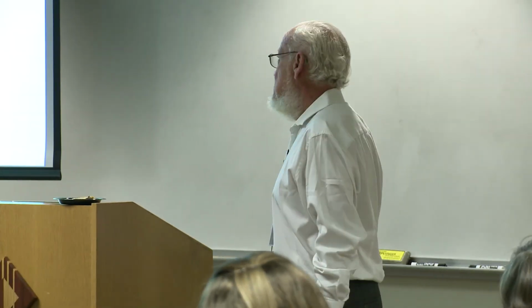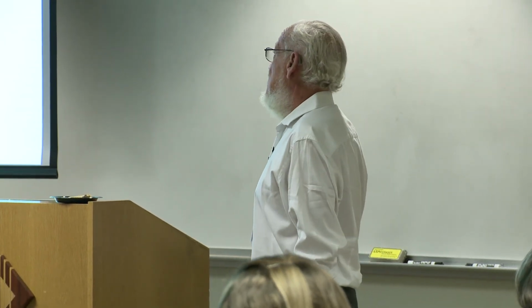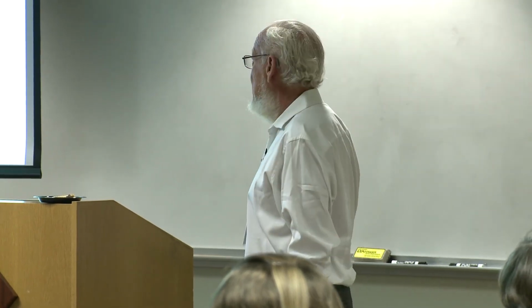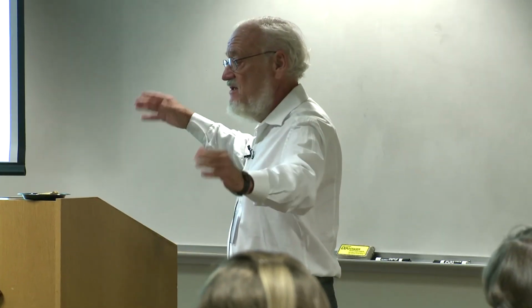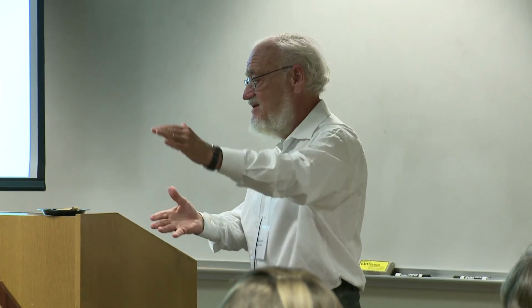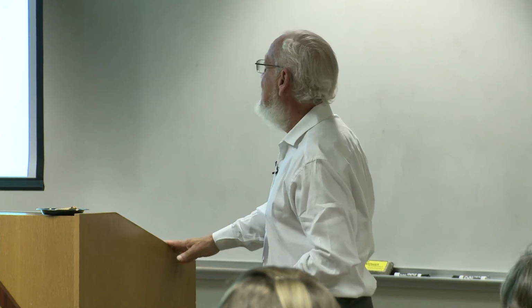Now, if we look at this game and apply the replicator dynamics, we apply it to two populations, because there's a population of senders and a population of receivers. They're paired. Nature flips a coin and chooses the state, the sender sends a signal, the receiver sees the signal and guesses the state.